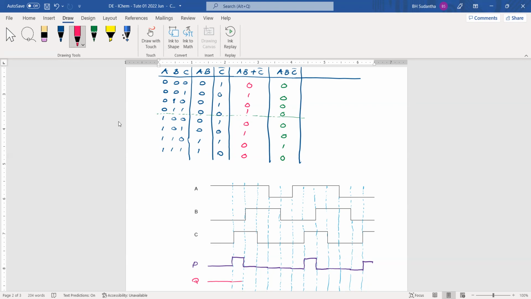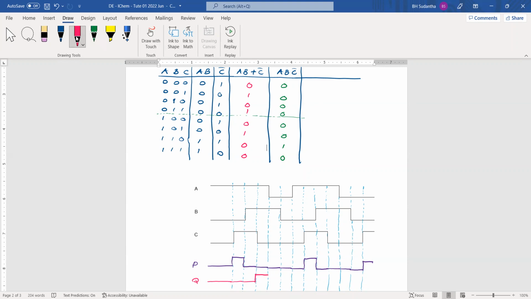Again 0. This is 1, 1, 1, 0. 1, 1, 0. It's 0. Sorry, 1, 1, 0. This is 1, 1, 0. Then it's 1.